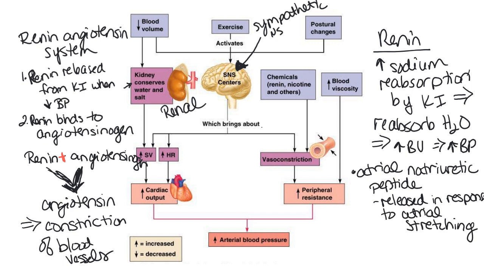So what would cause the atrium to stretch out would be having too much blood volume. So if there's a large amount of blood volume returning back to the heart, it's stretching the atria out. So we release this atrial natriuretic peptide, which will impact the kidneys as well.